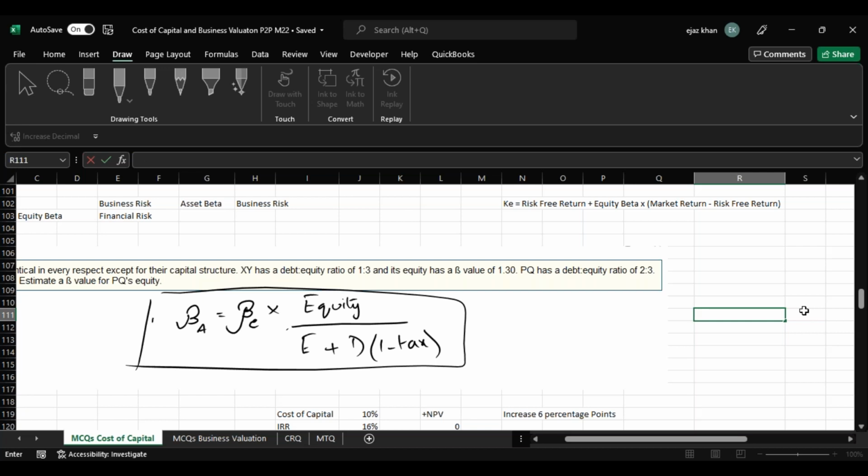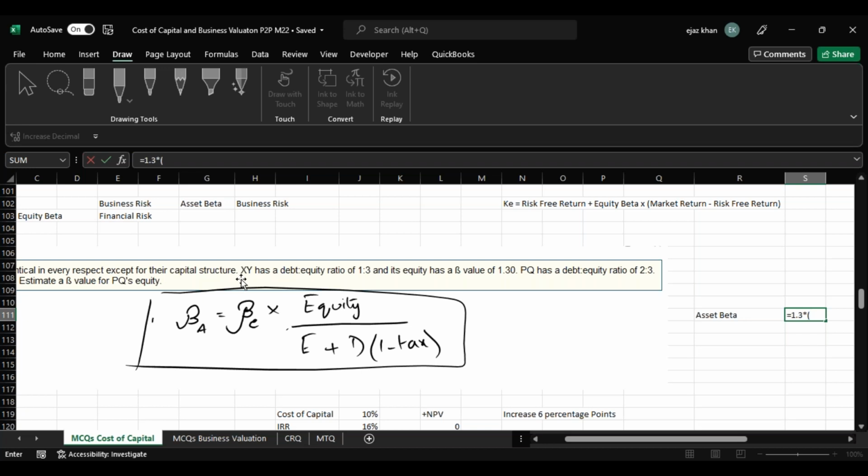So if we need to find out asset beta, it will be equal to equity beta, that's 1.3, into equity. Now, since it's the equity beta of XY company, we cannot use the gearing ratio of any other company.